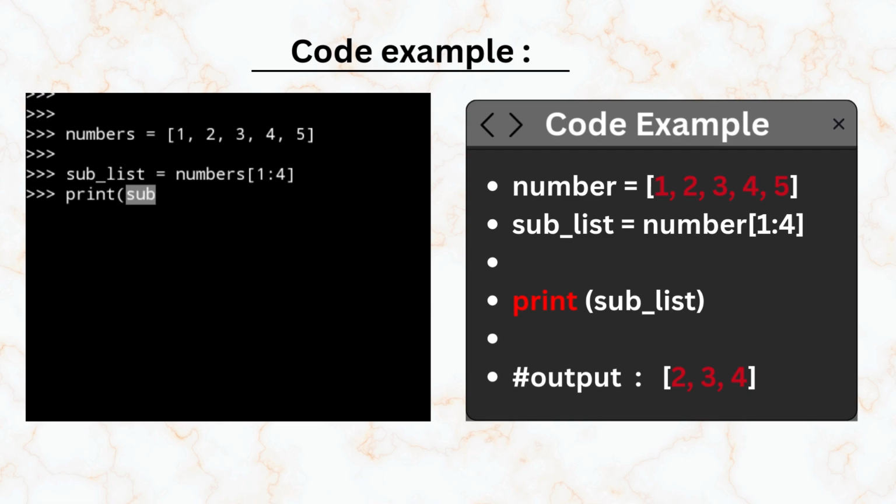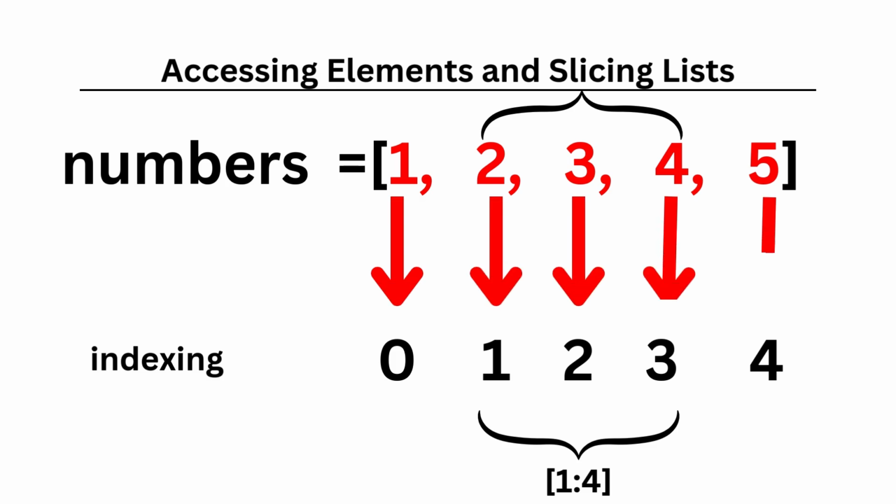In this code, 1:4 extracts elements from index 1 to 3, it doesn't include 4. Slicing is an essential tool, so practice it to get comfortable.